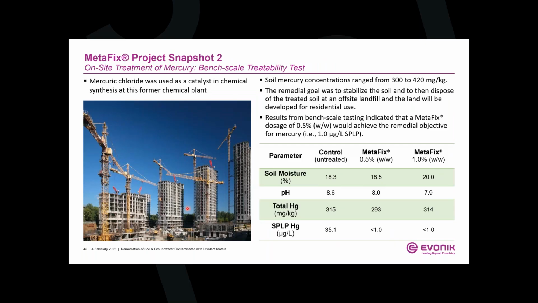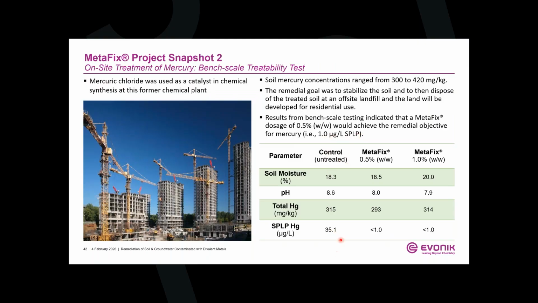And then finally, a soil mixing case study. This was to remove leachable mercury at an industrial site where mercuric chloride was used as a catalyst, and it was to be developed for residential land use. The objective was a tough one, needing to reduce SPLP mercury to less than 1 ppb.